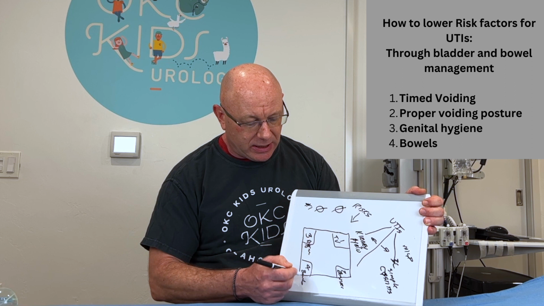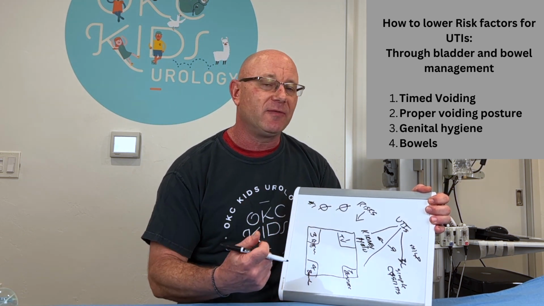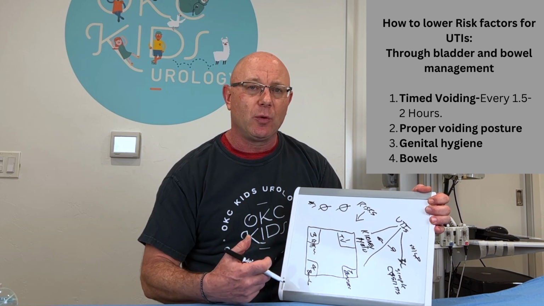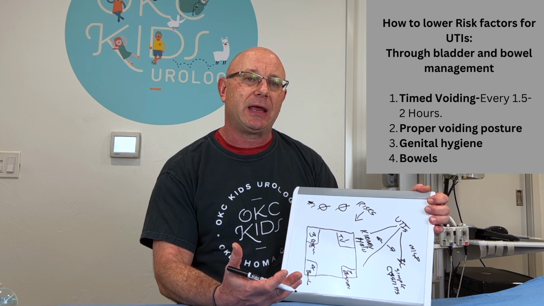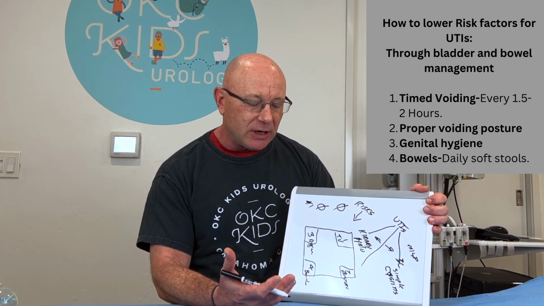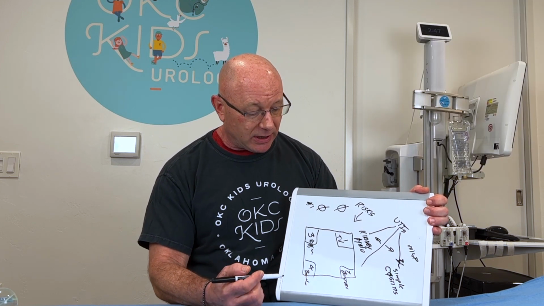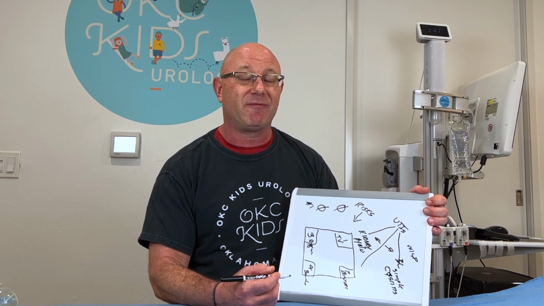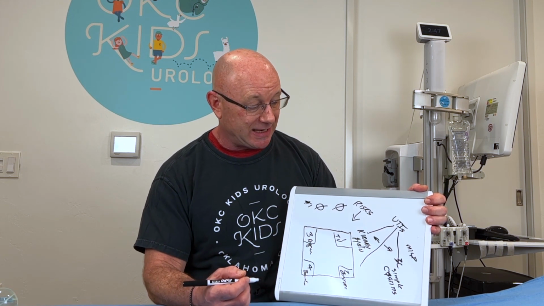When we get all of these things working in harmony, timed voiding every 1.5 to 2 hours, great voiding posture, great genital hygiene, and excellent bowel habits with daily soft stools and good predictability, you're emptying the bladder well. That's the most important thing. You're going to have a very high chance of having resolution of your symptoms by just practicing these things.